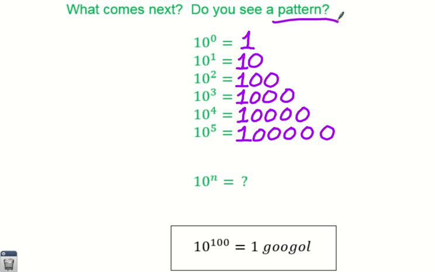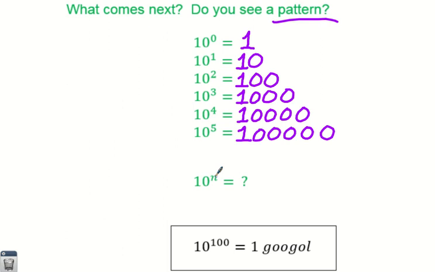So do you see a pattern? What would 10 to the n be? I know that's a weird question to ask because n is just a letter, a variable. But look at the pattern. What's the pattern? What would 10 to the whatever power be?